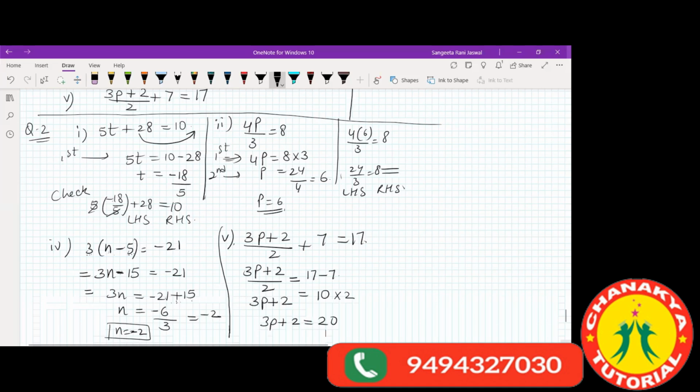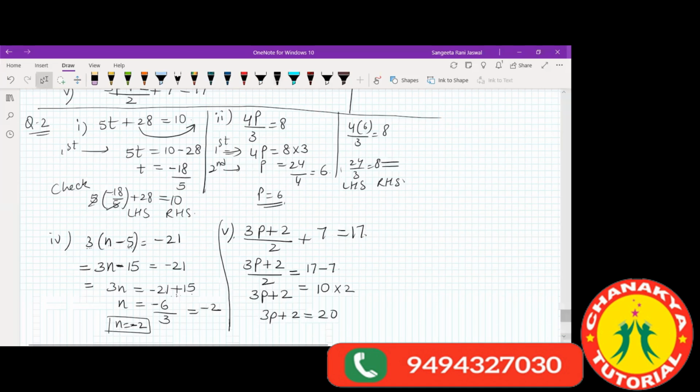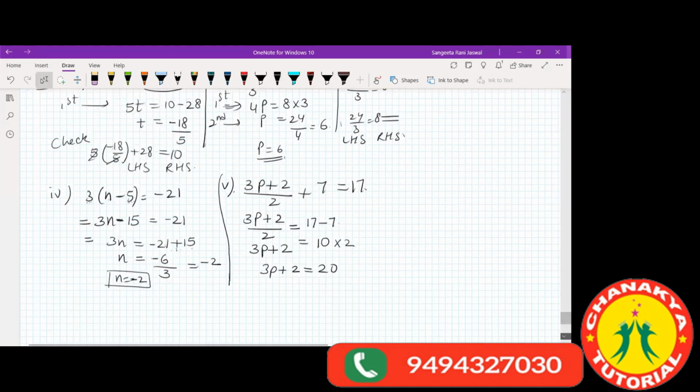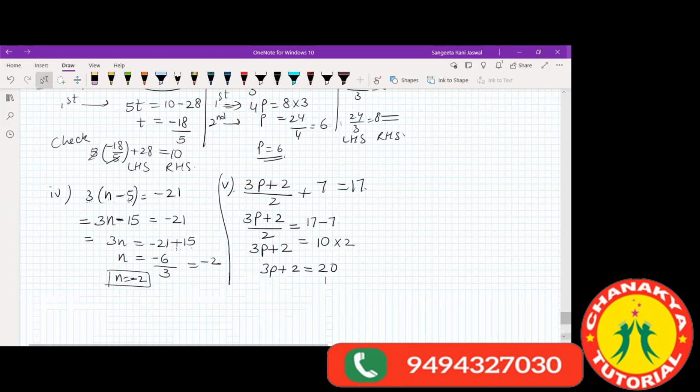Yes, ma'am. Ma'am, I have a doubt now. 3p plus 2 by 2 equals to 17 minus 7, that is 10. So here can't it be simplified, like 2 will be 1 and 10 will be 5? I have not done anything to 3p plus 2.